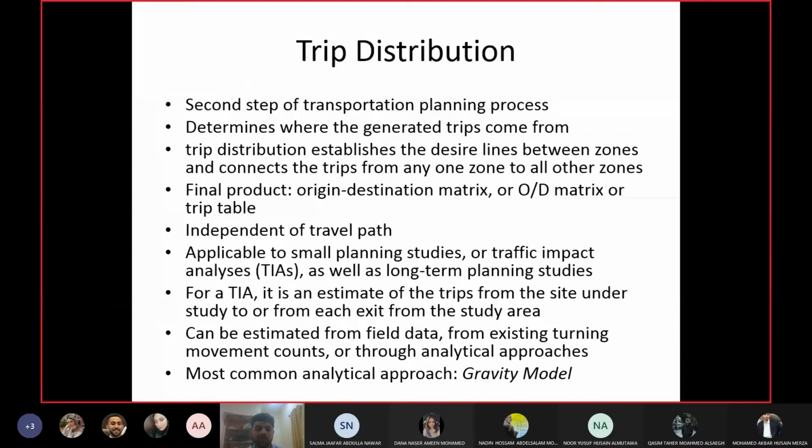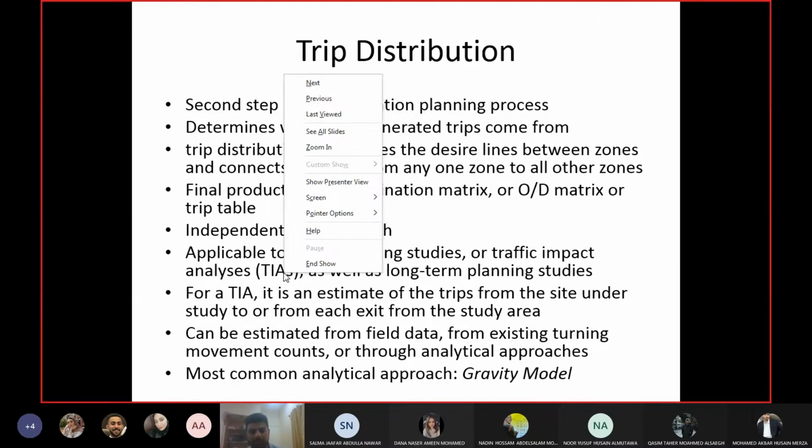When you are doing it for traffic impact analysis or traffic impact assessment, trip distribution means the trips from your site to or from other areas, or to or from each exit from your study area.